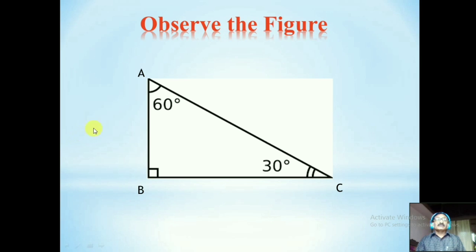Here, triangle ABC is a right angled triangle. Angle B is right angle. Angle C is 30 degree and angle A is 60 degree.